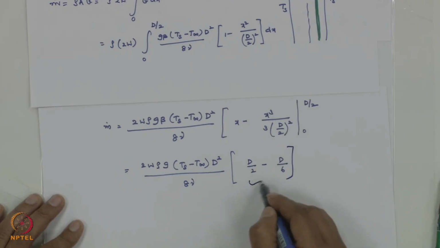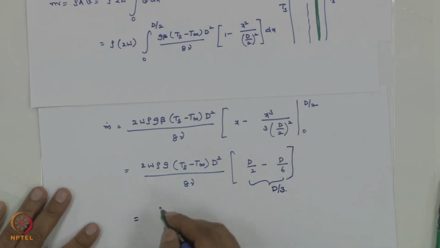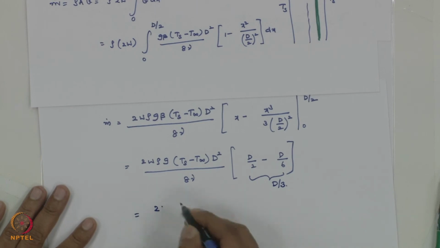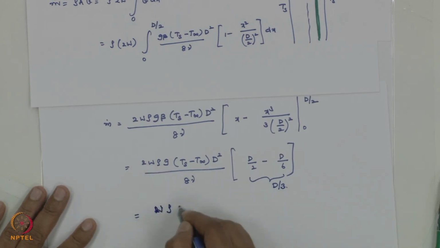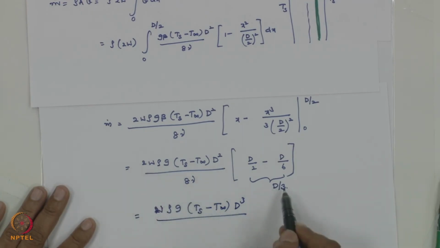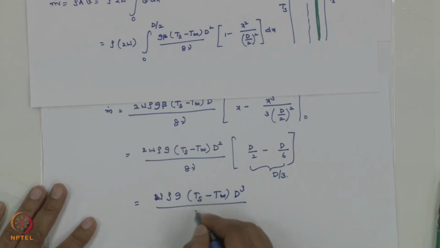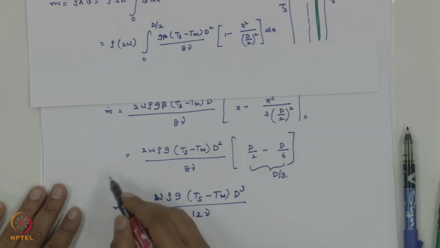So this is going to fetch me d by 3. So this is going to be 2w, 2 also becomes 4, so I can write w rho g beta Ts minus T infinity d cube divided by 4 into 3, 12 nu, which is my mass flow rate.